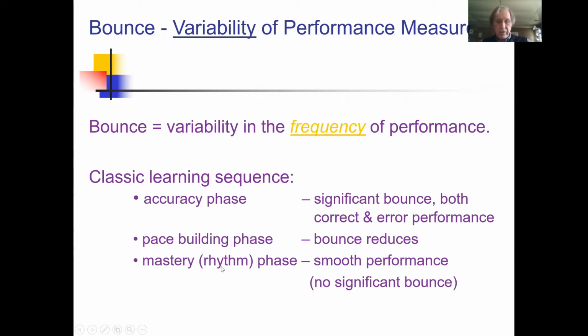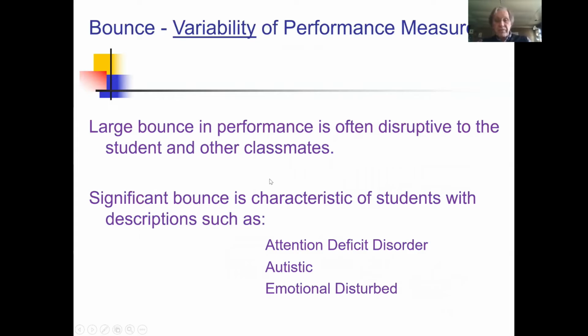And then a mastery or rhythm phase where performance is smooth and there's no significant bounce. Large bounce in performance is often disruptive to a student and their classmates. Significant bounce is characteristic of students who have descriptions such as attention deficit disorder, autistic, or emotionally disturbed.